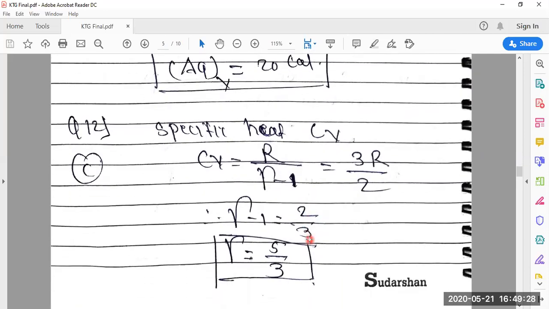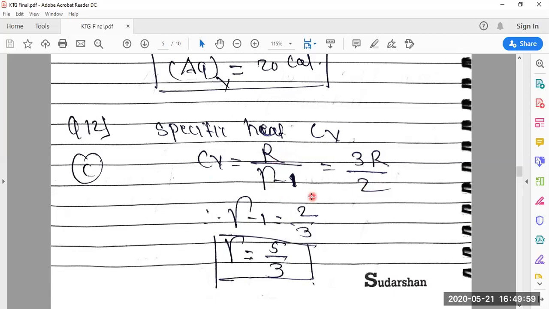Next one, question number 12. In question number 12, at constant volume, the specific heat of the gas is 3R by 2. Then what will be the value of gamma? So Cv is equal to 3R by 2, and its relation is R upon gamma minus 1.